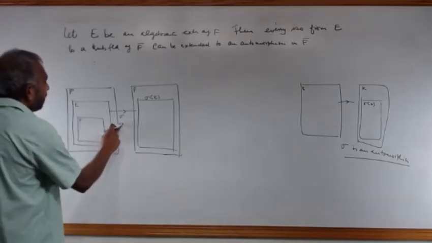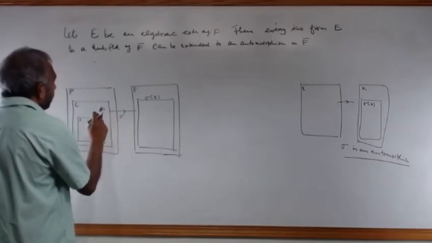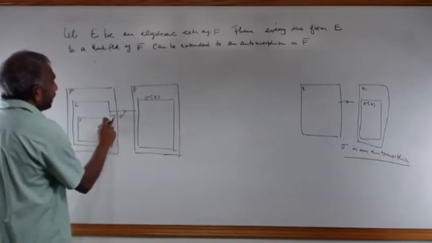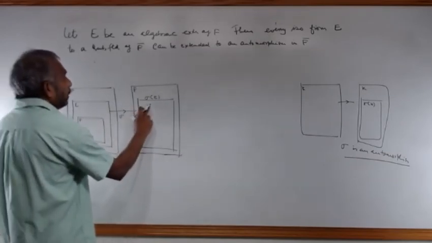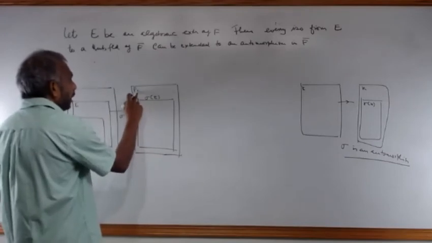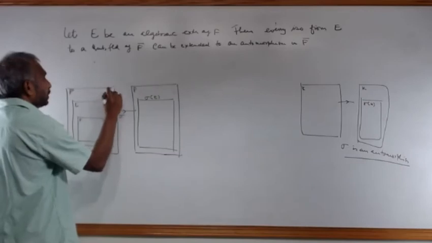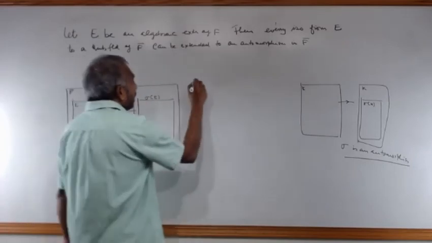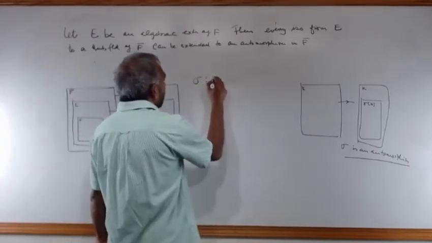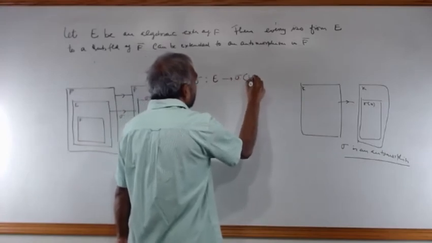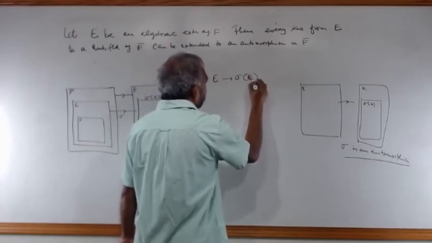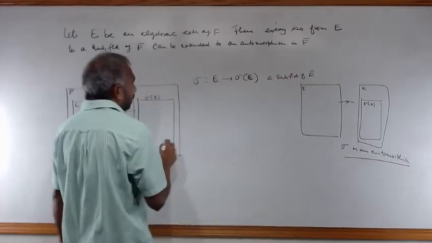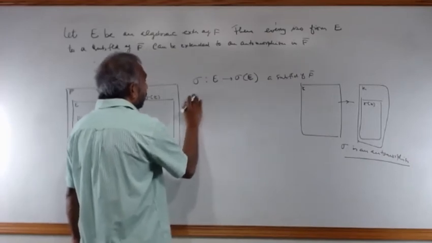So what is happening here? Sigma is any isomorphism from E to a subfield of F closure. So this can be extended to an isomorphism to F closure. So sigma is from E to a subfield of F closure, and what else?